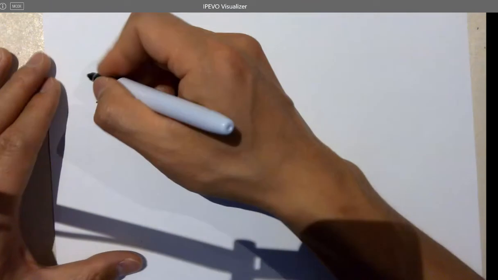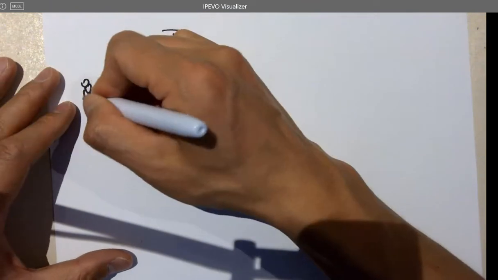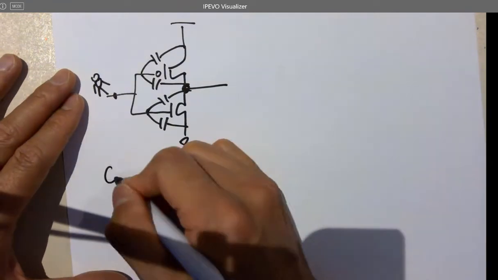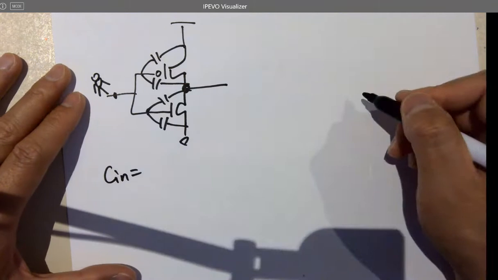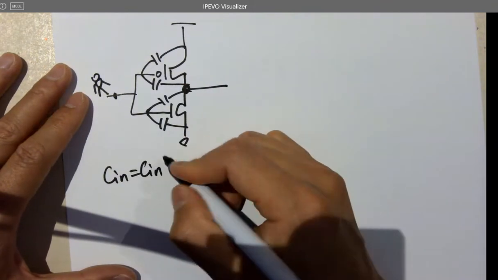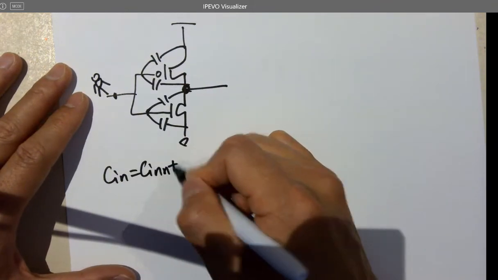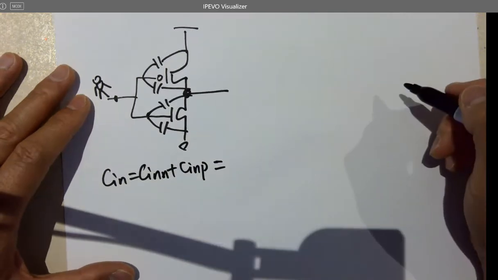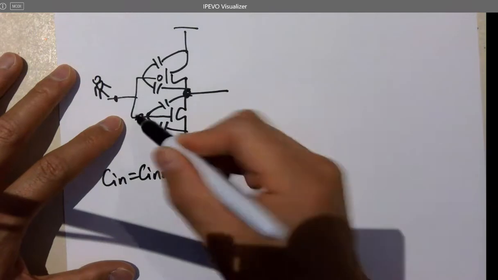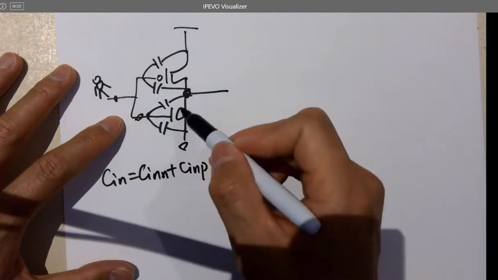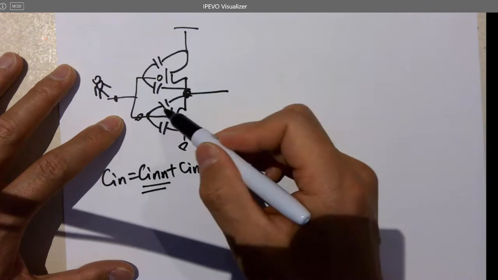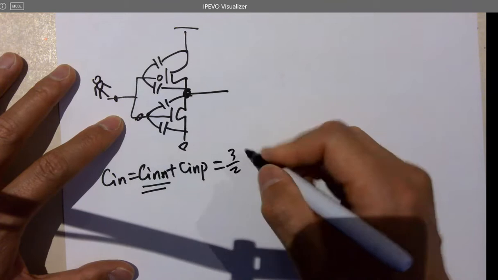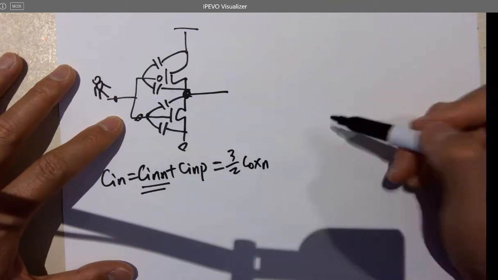So from the input, a person looking into the input, what's the cap? What is C in of the inverter? It equals C in N plus C in P, right? So what is C in? C in N, the input capacitance for the NMOS, is 2/3 of Cgs N. We have done that just now.